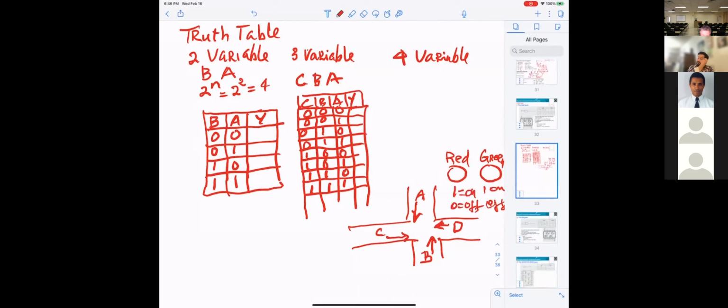Okay, so if the green is on this side, then this side must be red. On this side red and this side has to be green. How do they turn on a red light or green light?